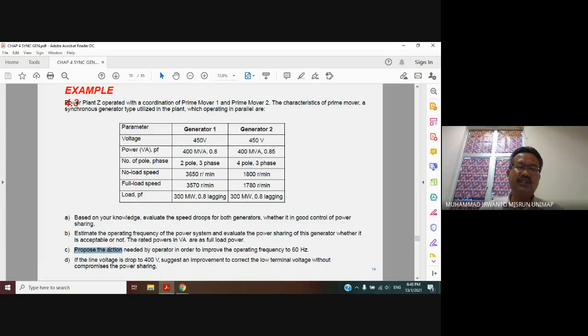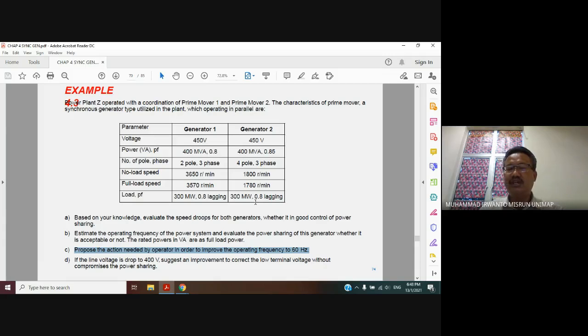Then, propose the action needed by the operator in order to improve the operating frequency to 60 Hz. It is almost the same as the previous example. After obtaining the value of the system frequency, we know how many hertz it is.